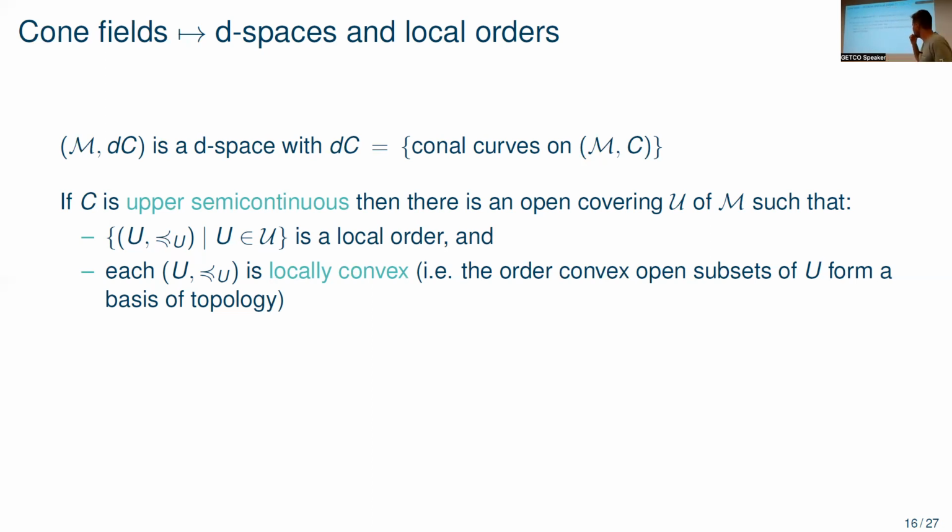And the property is that if C is upper semi-continuous, then you can indeed find an open covering of your manifold such that the elements of the open covering form a local order, and each element of this local order is locally convex. So you have dropped all the pathologies that we saw before.